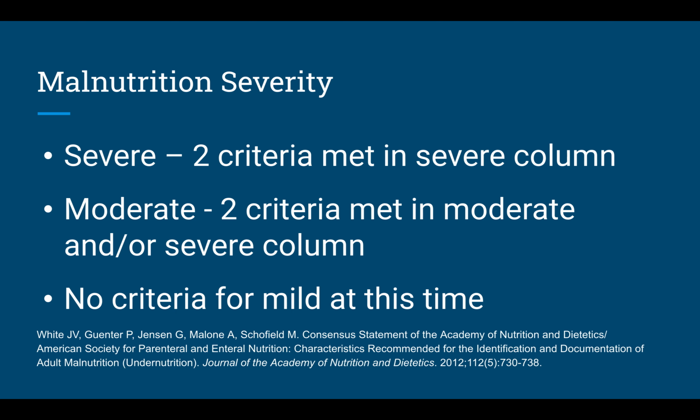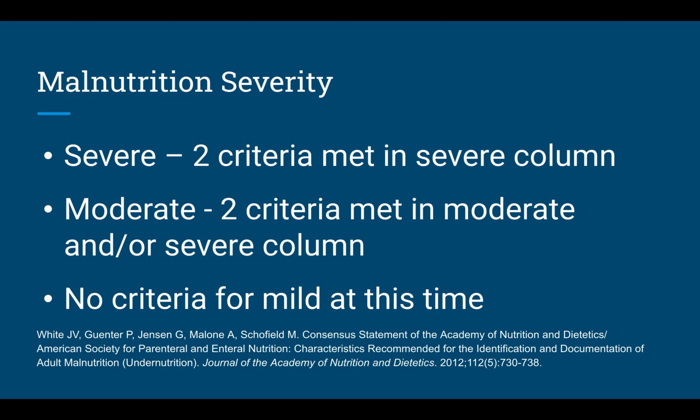Now you're going to take this information, and if the patient meets criteria in 2 places, meaning, for example, you find that the patient meets criteria in muscle loss and energy intake, that's two criteria met.